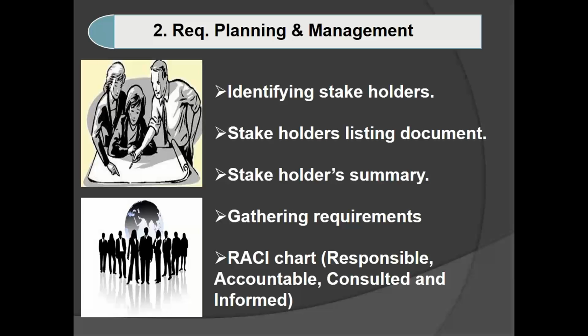Then stakeholder summary. Here you have to gather requirements from 20 stakeholders. Now assume that only 15 stakeholders have given requirements, have given information. The other 5 did not give. The reasons could be that they are not available, or they are not willing to give, or they are not responding to you. Now in stakeholder summary, you are going to prepare the list only with these 15 stakeholders.